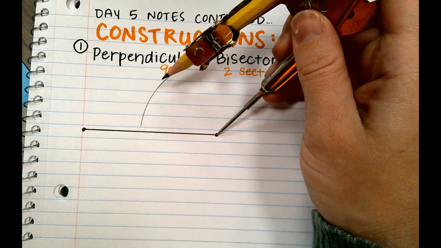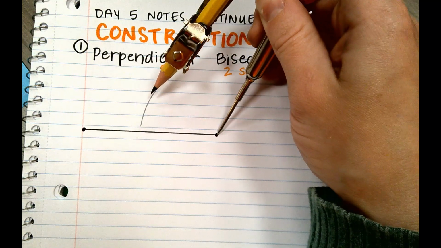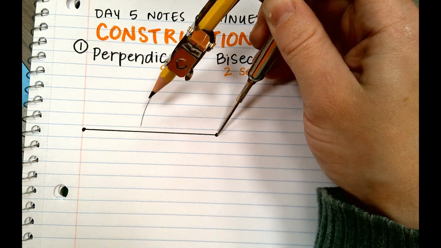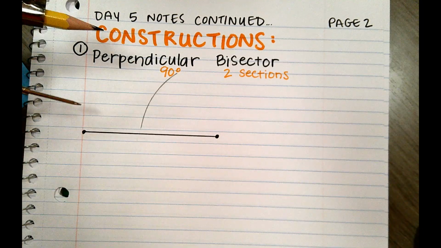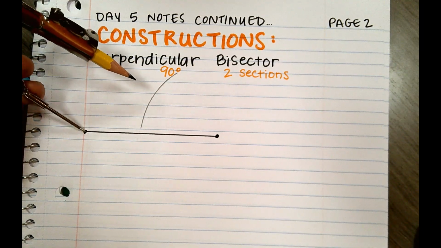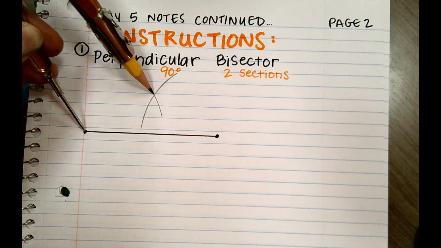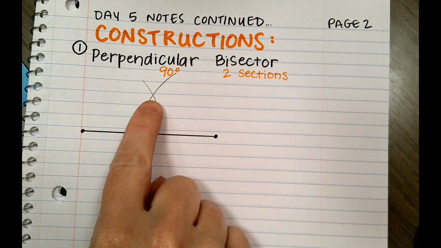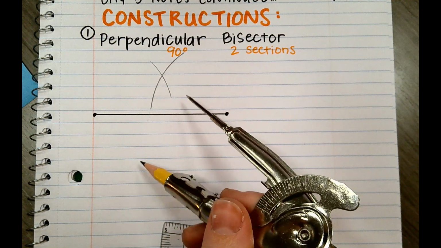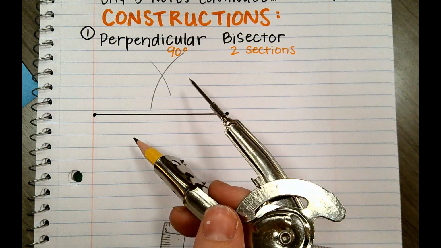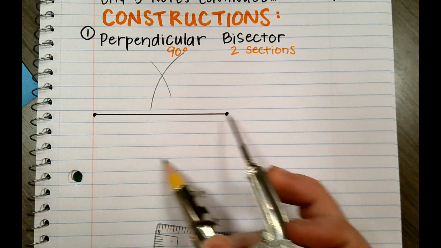Now, making sure that you don't change how open or closed your compass is, keep it at the exact same width. You're going to pick your compass up and put the point on the other end point. And make an arc again that crosses the first arc so that you have an X. Once you have your X on top, you're going to do the same thing, but under the line.